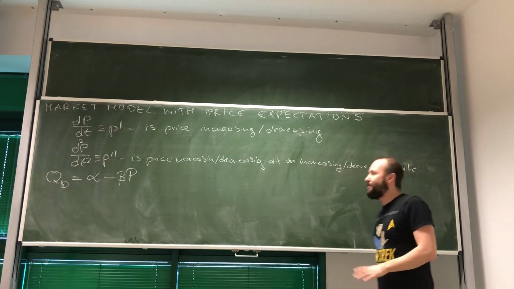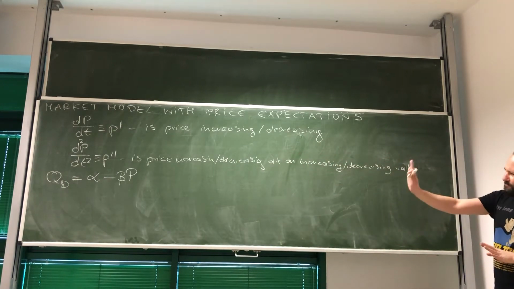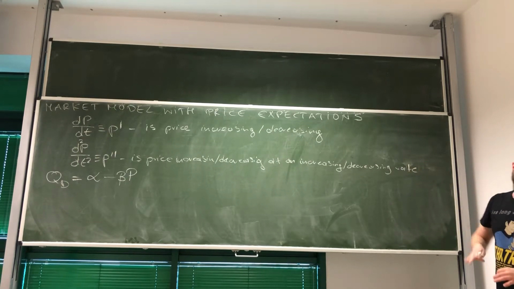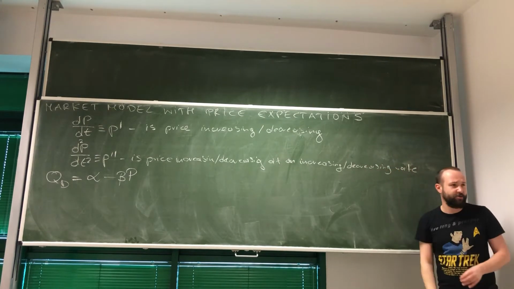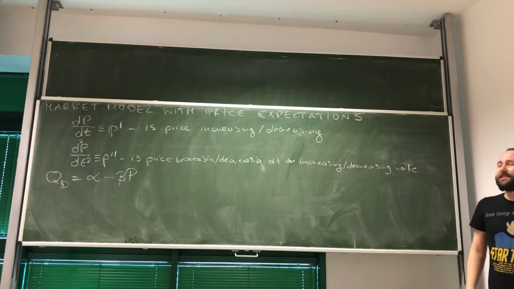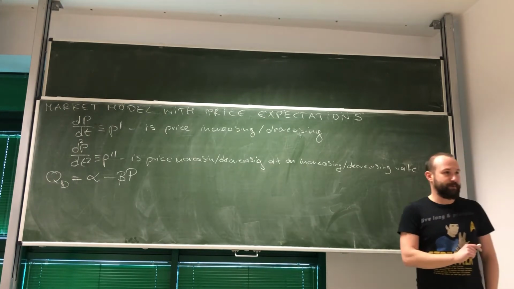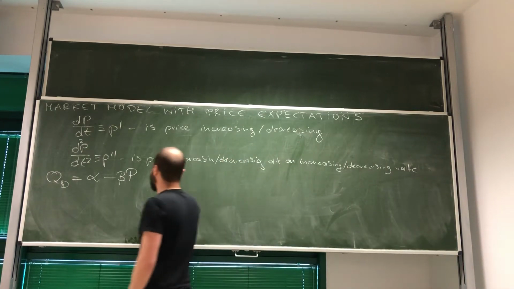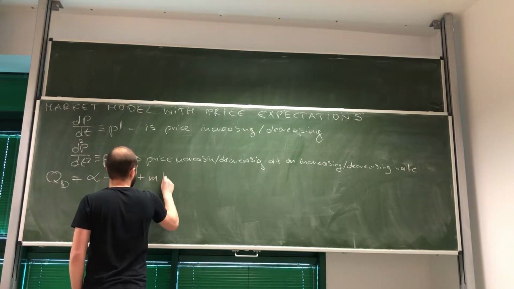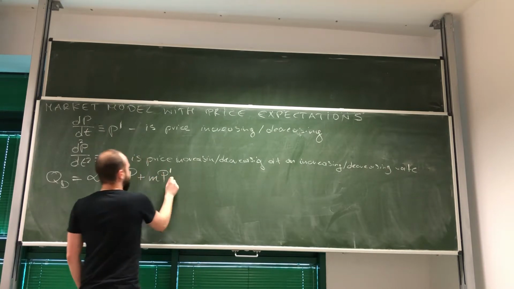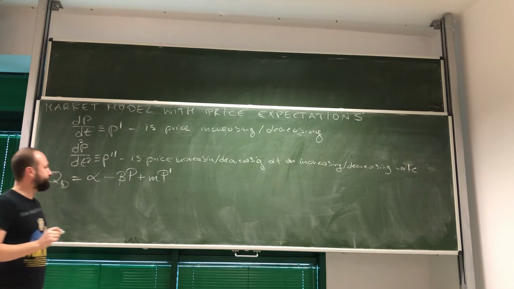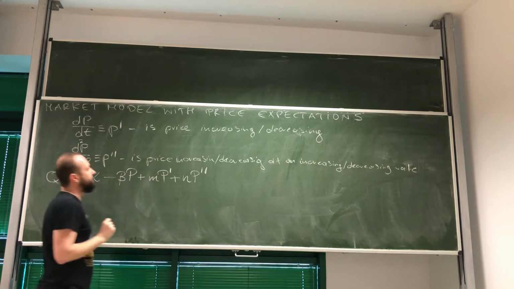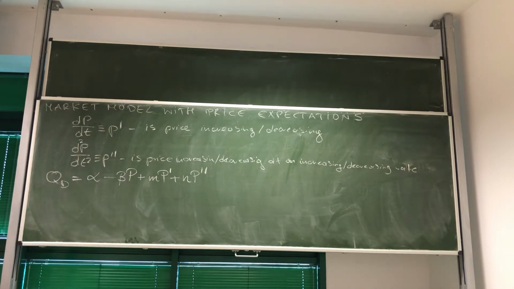We've introduced dynamics to it, but for now, let's just say that we're going to introduce dynamics here differently. Of course, first and second derivative. The dynamics are going to be associated with expectations. So we're going to add here m times p prime and n times p double prime.